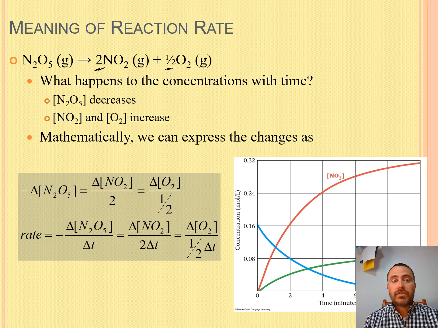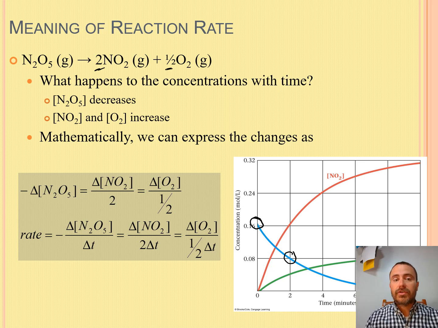If I started with only some dinitrogen pentoxide, let's say 0.16 molar, then after some amount of time, say 2 minutes, we've lost 0.08 moles per liter of our N2O5.